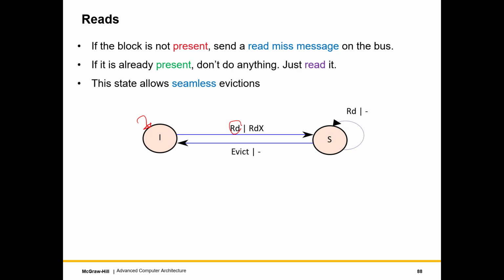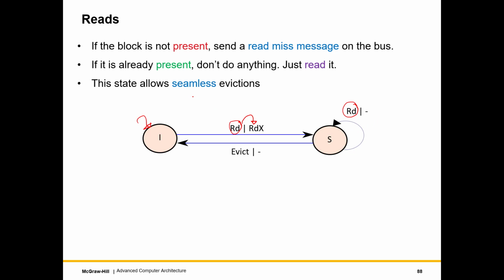And we want to read, so we send a read miss message on the bus. Fair enough. If it is already present in the shared state, then we don't do anything, we just read it. This minus indicates that nothing is done.